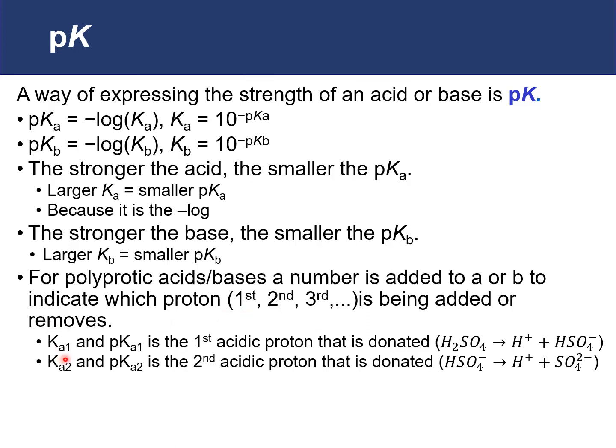So Ka1 for the first acidic proton, Ka2 for the second acidic proton, Ka3 for the third acidic proton. Now we can also have pK values that correspond to each acid. So the first hydrogen that comes off would have a pKa of, we'd call it pKa1. The second acidic proton would be assigned to pKa2. The third acidic proton would be pKa3.